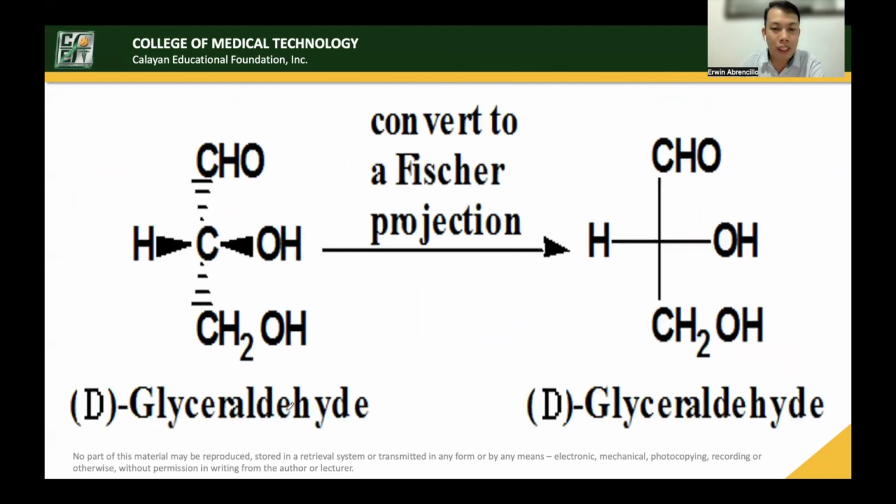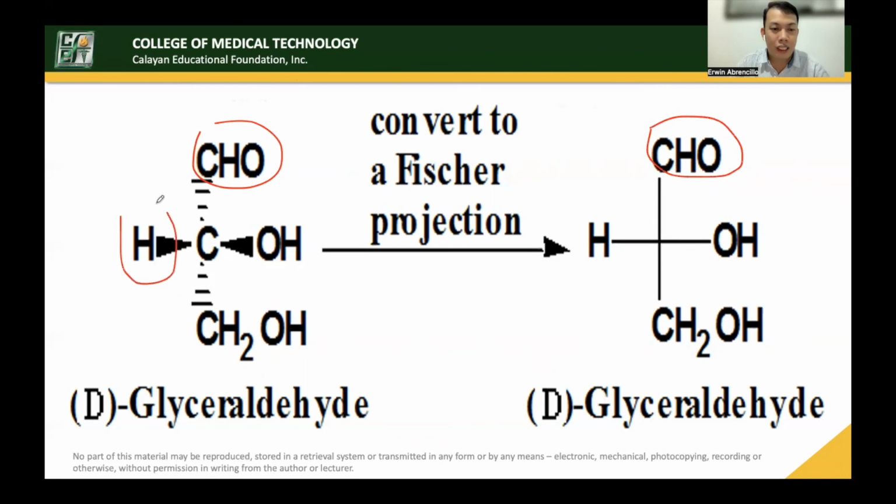So how to convert? You have here the formula to convert in a Fischer projection. Simply you just draw a cross line for this example, and then just copy the location of the OH and the CHO and CH2OH. So you have here the CHO, it is found there on top.